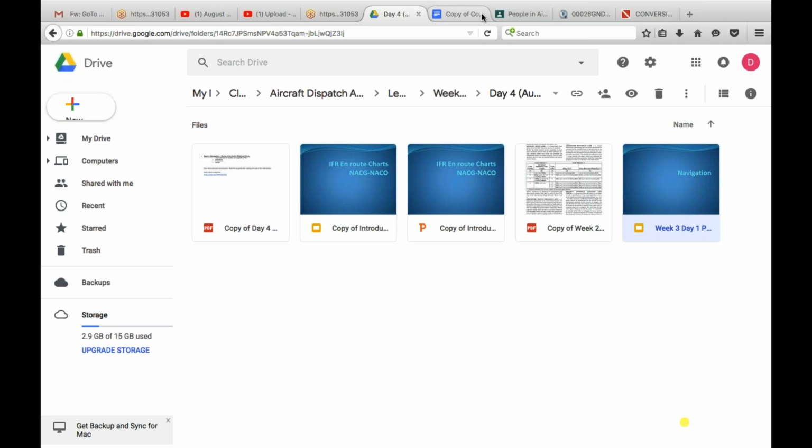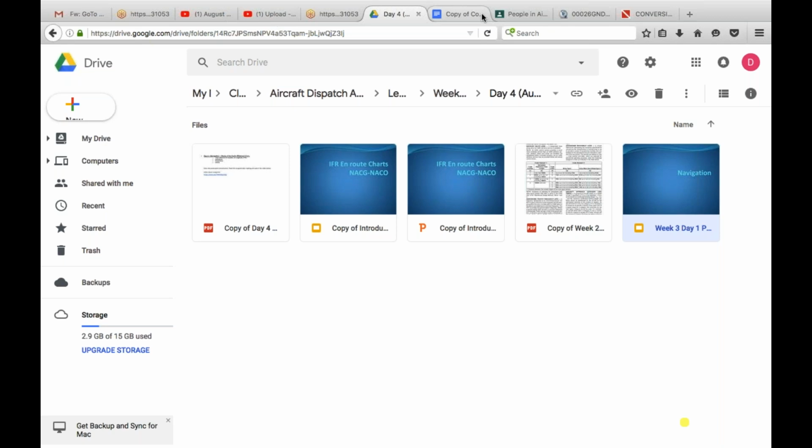Knowing that, what are the absolute lowest minimums that a high minimums captain can have? You remember this? Davis brought this up. 300 and 1 mile. Exactly. So 300 feet for our ceilings and 1 mile for our visibility. Awesome.